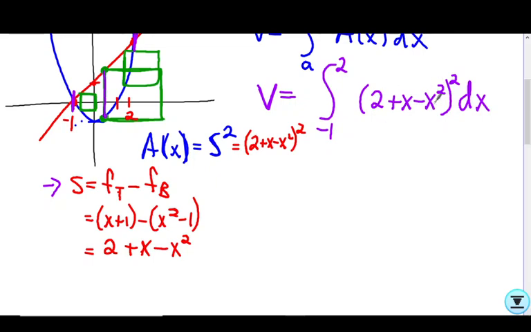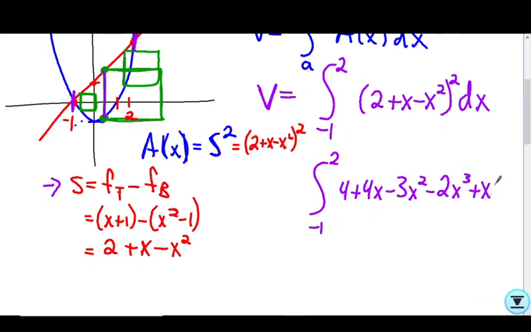When you FOIL all that out, you get the integral from -1 to 2 of 4 plus 4x minus 3x squared minus 2x cubed plus x to the 4th dx. I'll fix that real quick: this is x to the 4th.